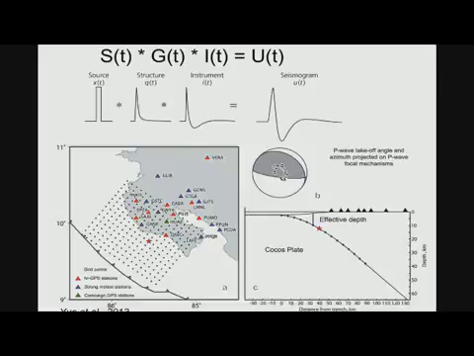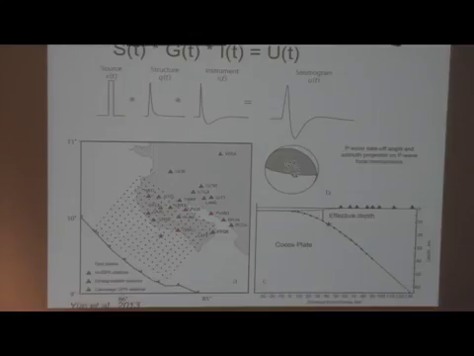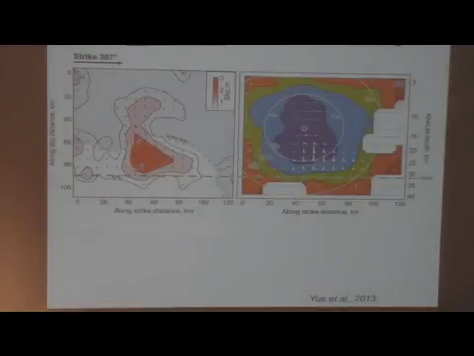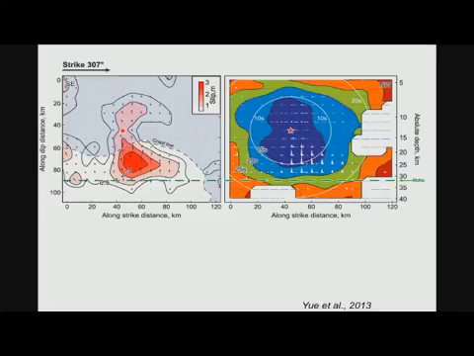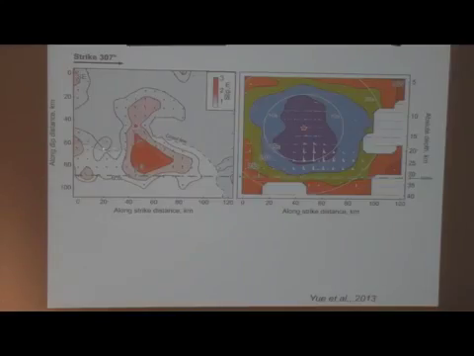We can then invert at each of those points for the source time function and obtain something like this, which, let's see, the coastline, well, I guess the coastline is over here, but this is showing that at most of these grid points we don't have any moment release or any slip occurring, and we see higher amplitude, these little source time functions, in this region.